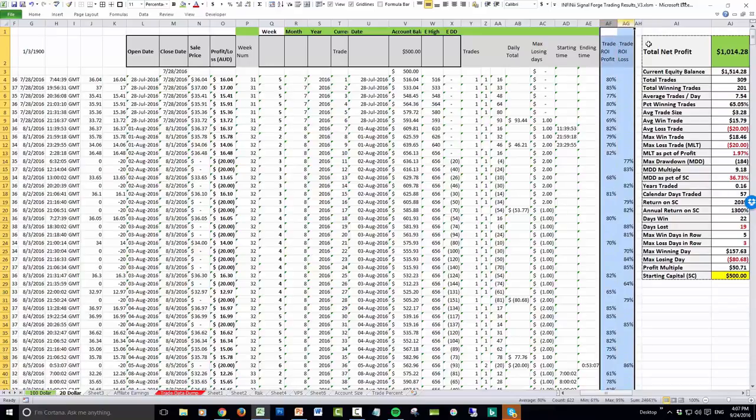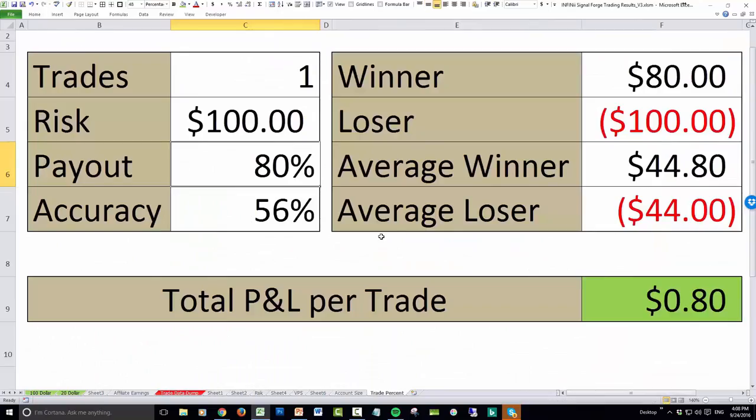But overall, on average, they've paid out 80%. So for every trade you're taking, you're potentially getting an 80% return on that trade. So back to here, that's why we've got that set at 80%.